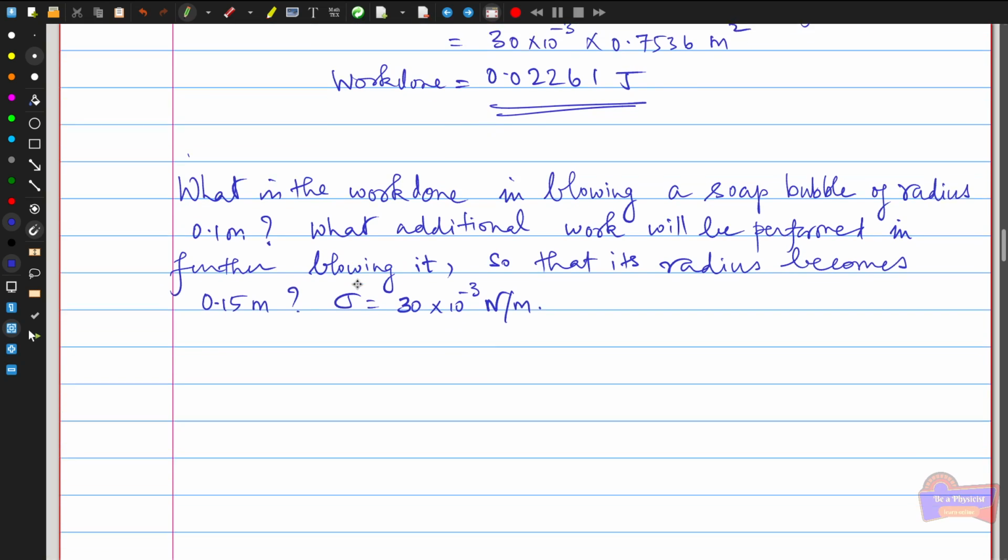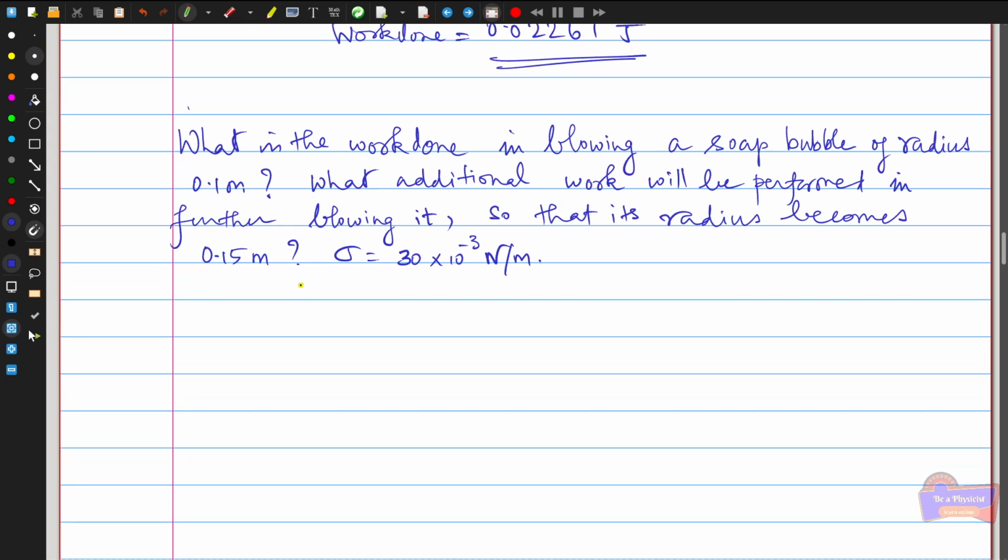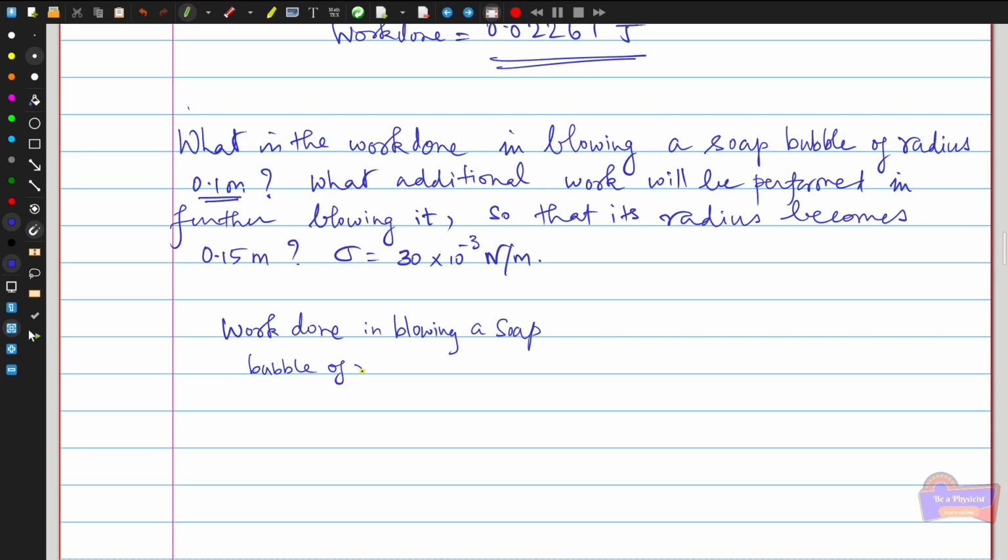In order to solve this problem, first we have to find the work done in blowing a soap bubble of radius 0.1 meter. You know this formula, that is 8 pi r squared into sigma.